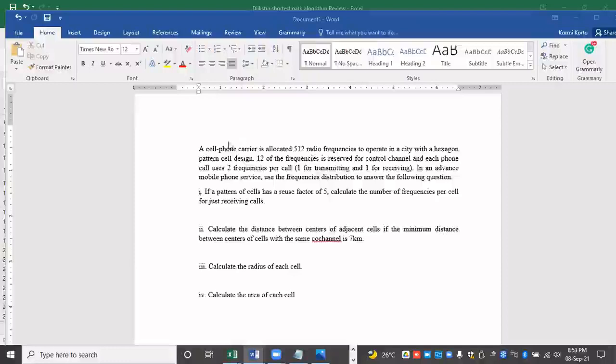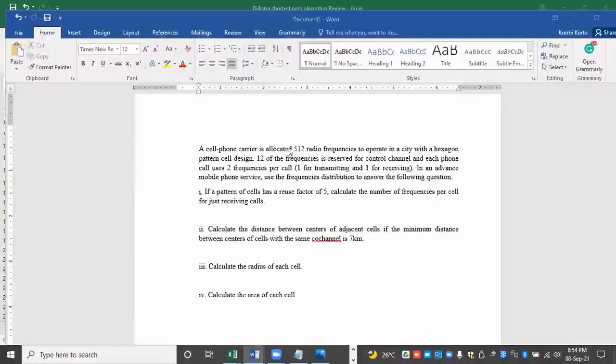So the question is, you have a cell phone carrier that's been allocated 512 radio frequencies to operate. So it's like maybe MTN or Vodafone or Airtel went up to NCA to subscribe for a license to operate a cellular service, and they were allocated 512 radio frequency channels to operate within a given city.